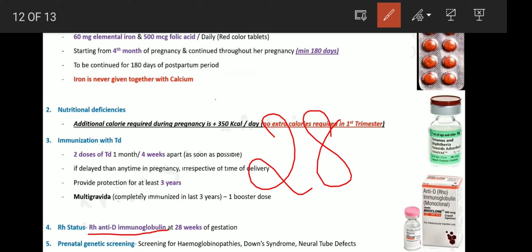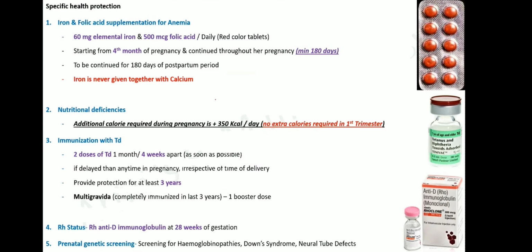Prenatal genetic screening. Screening for hemoglobinopathies, Down syndrome, and neural tube defects has to be done, so that chromosomal abnormalities which can result in birth defects can be detected. We also screen for direct evidence of congenital anomalies.